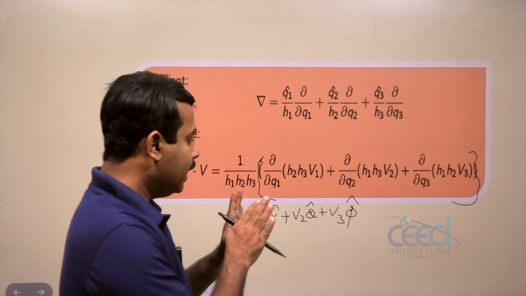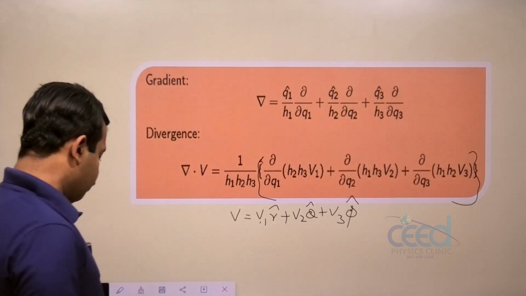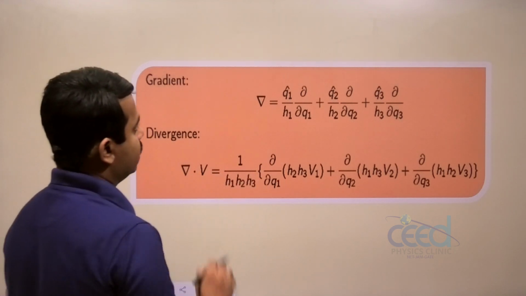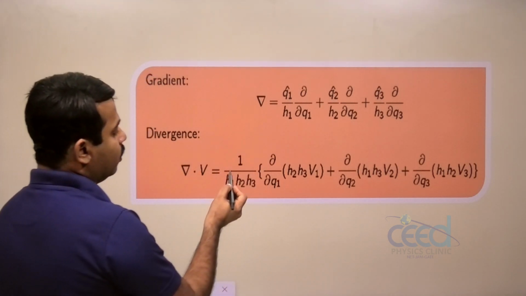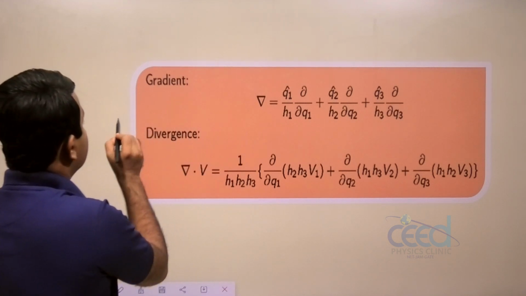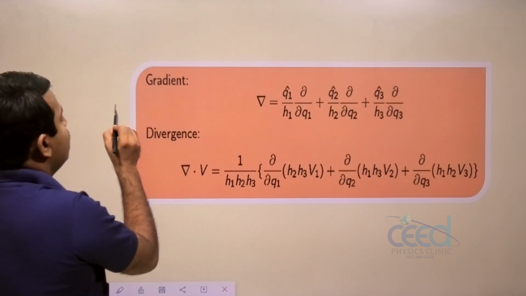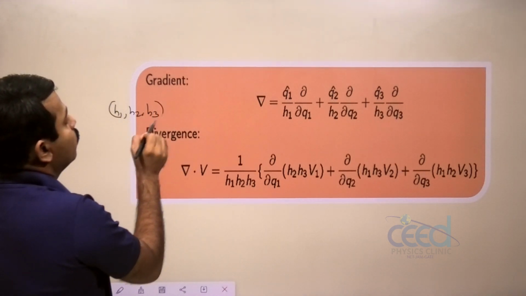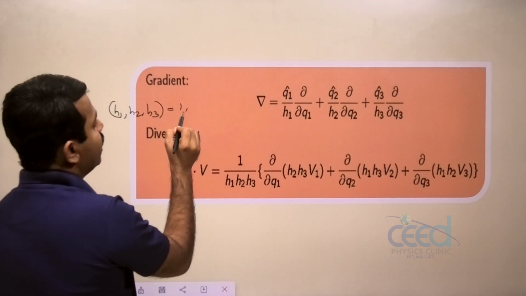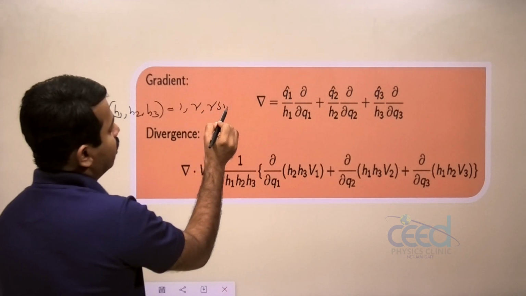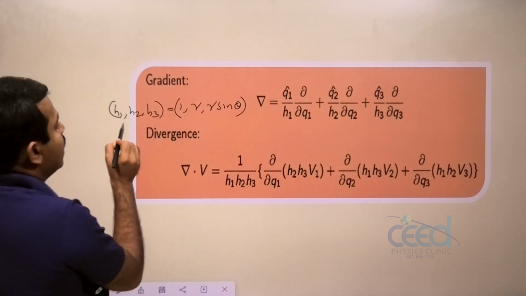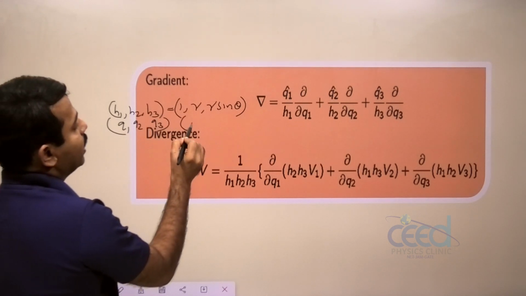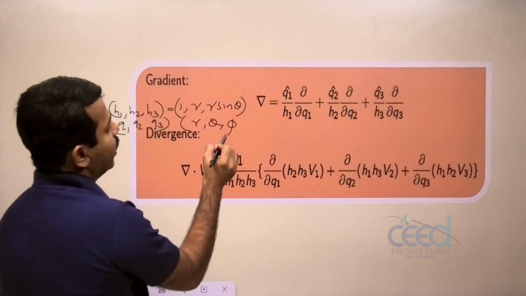Now, in the spherical polar coordinate system, I want to represent divergence. First you write h1, h2, h3. Their values are 1, r, r sin theta. You understand that q1, q2, q3 are r, theta, phi.